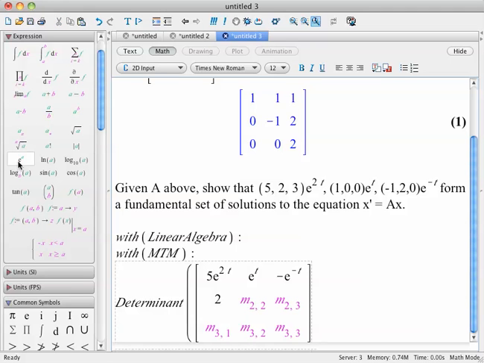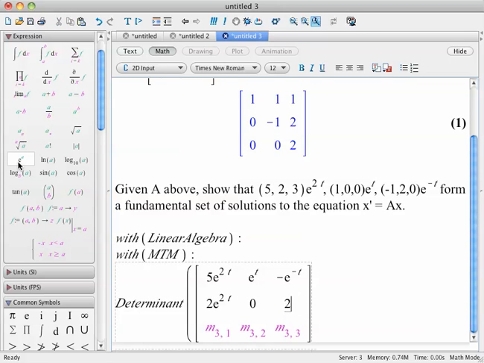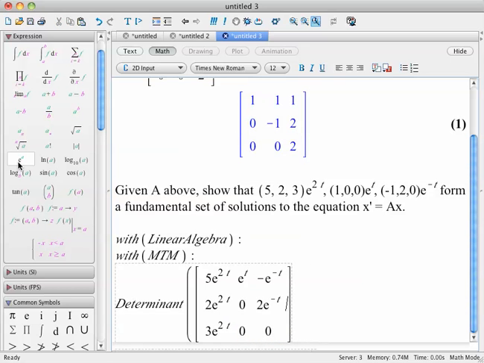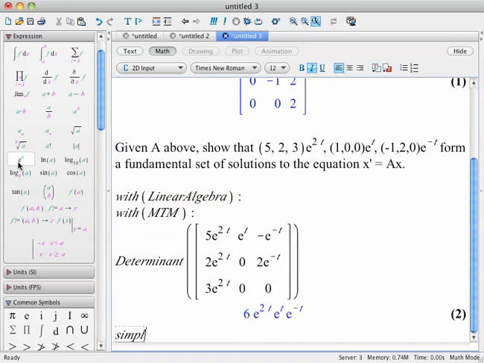And we've got 2, we're back to that first column again, so I have to have 2e to the 2t. And then I have a 0, and then I have a 2e to the negative t. Finally, finishing out the first column, we've got 3e to the 2t. We've got 0, and we've got 0. Great. Take the determinant of that.